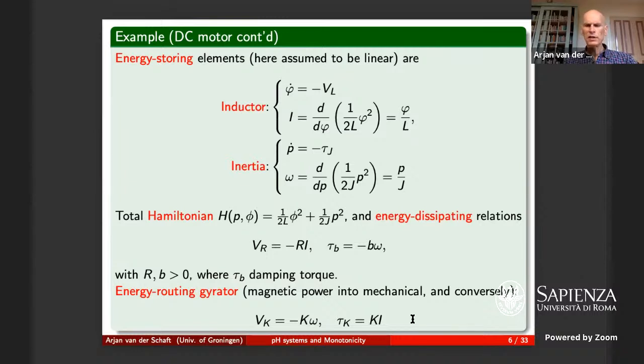And then we have the gyrator, which is corresponding to a positive constant K, which is converting, as I said before, mechanical into electrical power, and conversely, depending if we use it in a motor or in a dynamo mode.